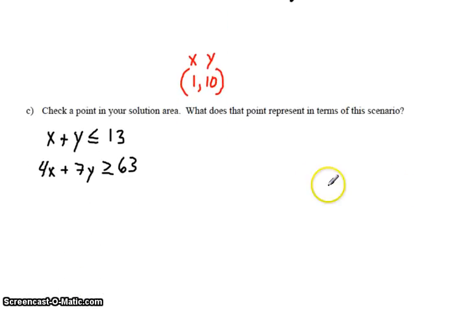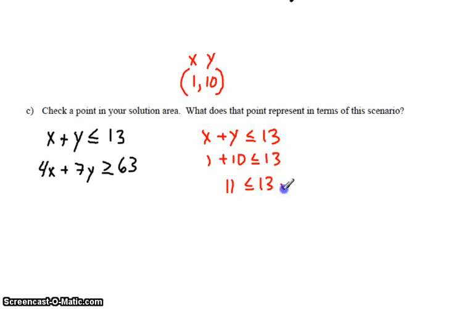So let's do this. The first one would be x plus y is less than or equal to 13. So that would be 1 plus 10 is less than or equal to 13. That's 11 is less than or equal to 13, and that checks. The second one, 4x plus 7y is greater than or equal to 63.